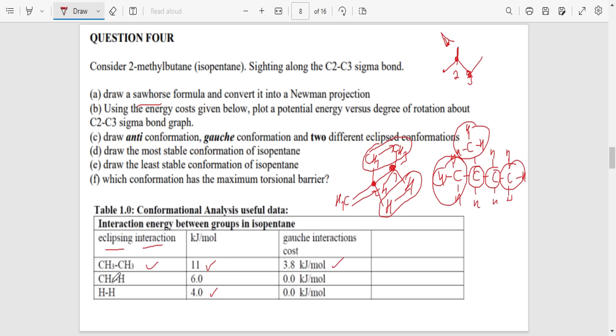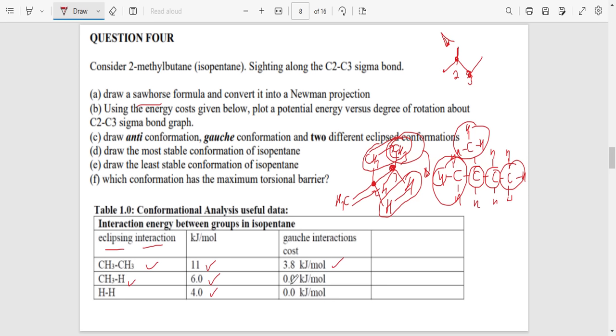But if it is CH3 to hydrogen, let's say this CH3 which is here was at this position for hydrogen. This is the energy it would give us, meaning that there is more repulsion for the CH3 to hydrogen. Why? Because the CH3 has got a lot of electrons, and so there will be more repulsion than just the hydrogen with another one of its kind because they've got fewer electrons.